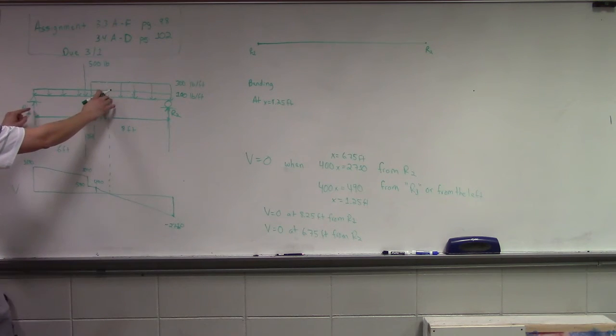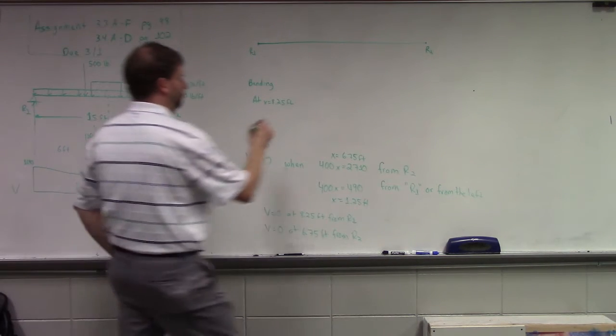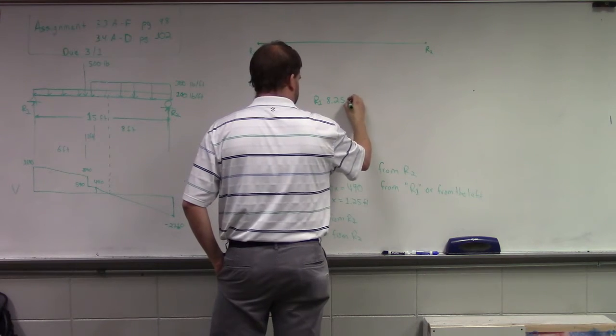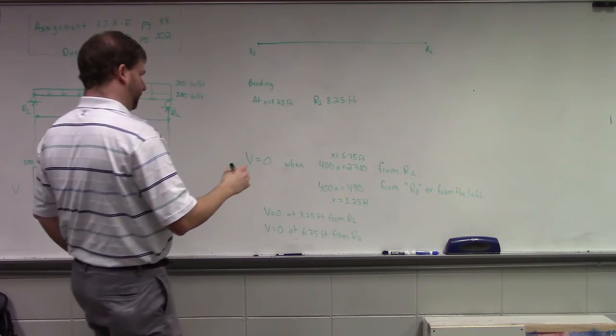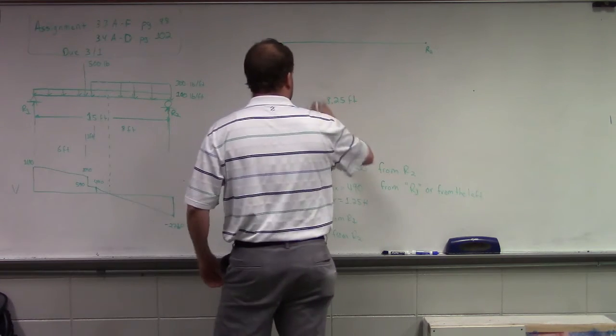You've got the weight times 8 feet. The reaction, yep, R1 times 8.25 feet. I guess maybe I shouldn't have erased that, because it is 1690. Oh yeah, 1690 right here.